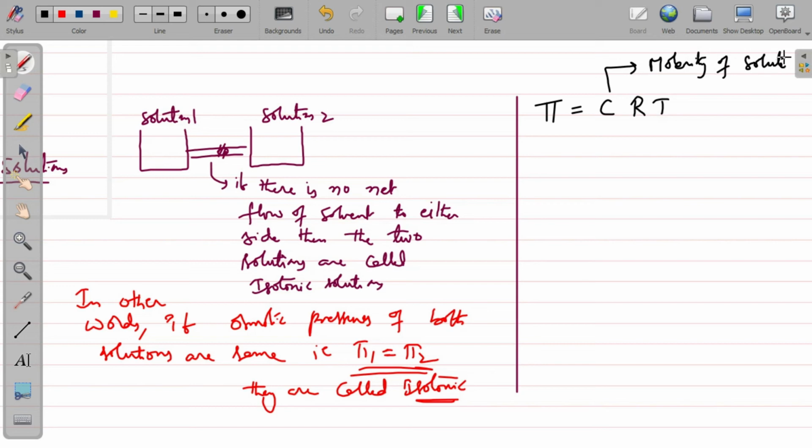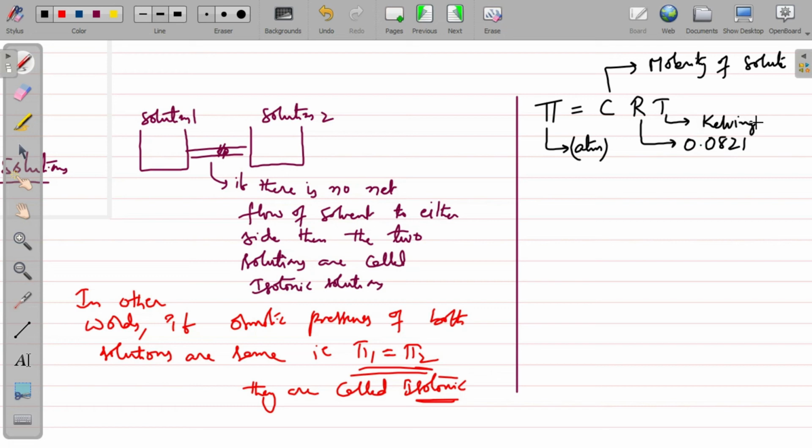We know the molarity formula: moles by the volume in liters. Pi is the osmotic pressure, and its unit will be in atmosphere. If the unit is in atmosphere, then do not put the R value as 8.314. You have to put the R value 0.0821, which is in terms of atmosphere, and temperature will be in the Kelvin scale.